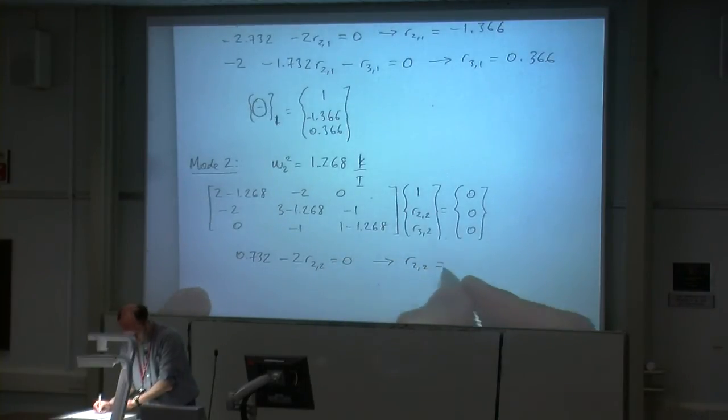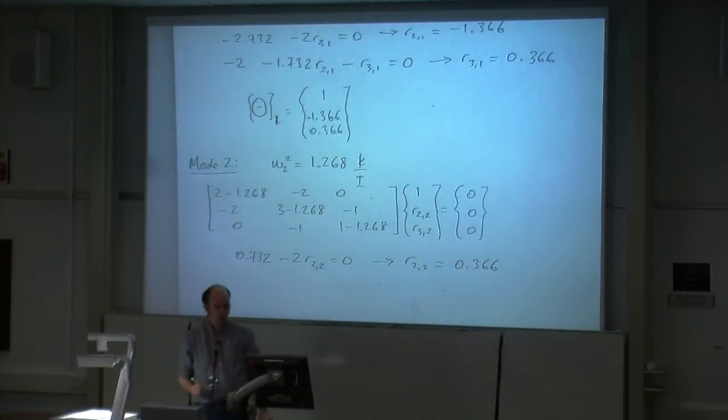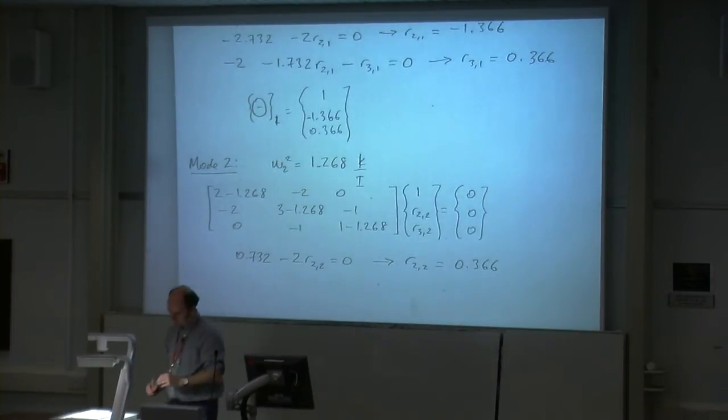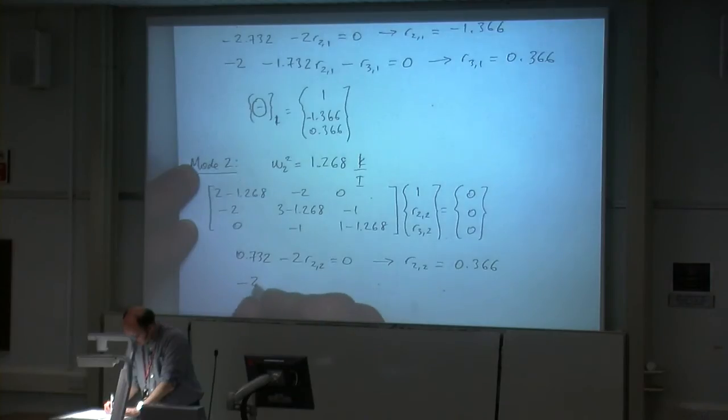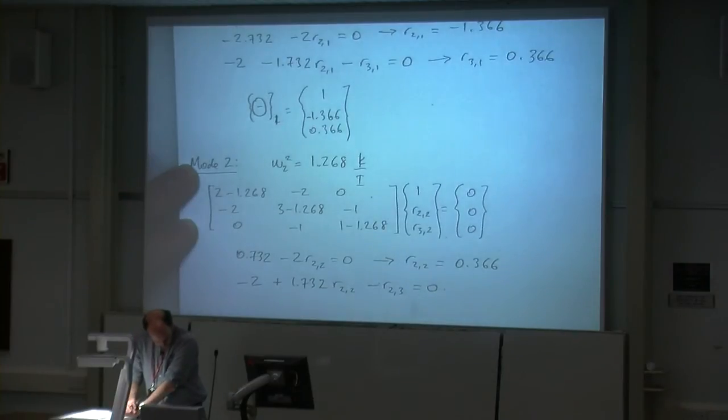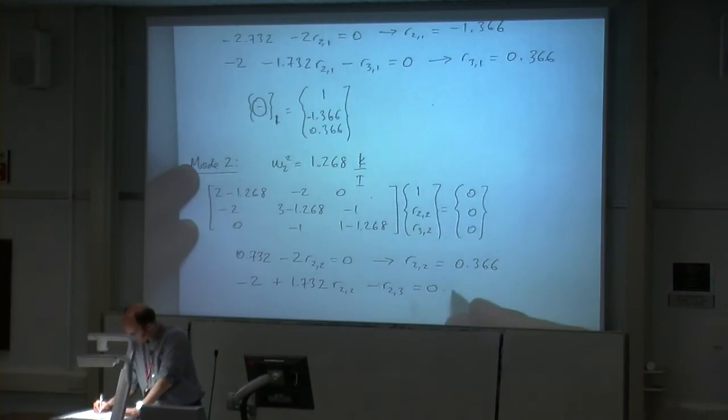R2,2 comes out to be 0.366. I'm going to apply the middle equation: minus 2, plus 1.732 times R2,2, minus R2,3 equals 0. R2,3 equals minus 1.366.